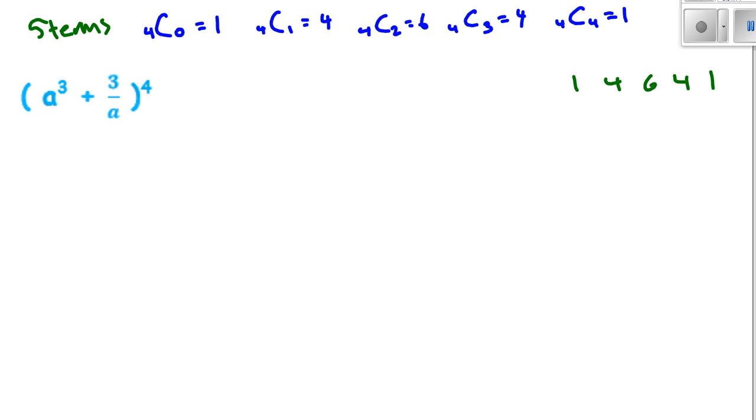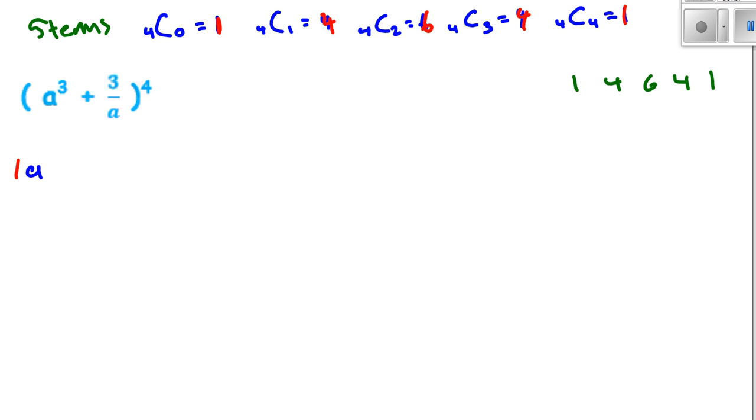So again, let's take a look. 1, 4, 6, 4, 1. You don't need to bother to write the 1. So the first term is in blue, isn't it?